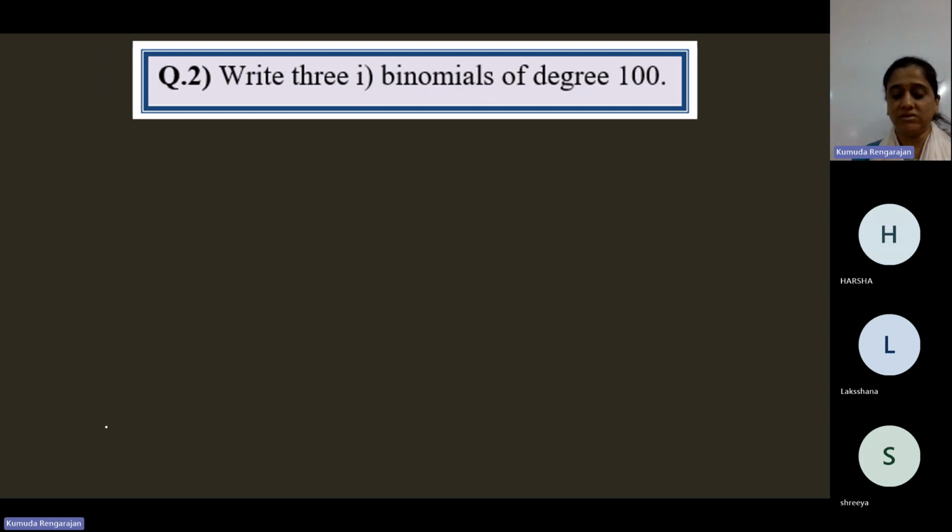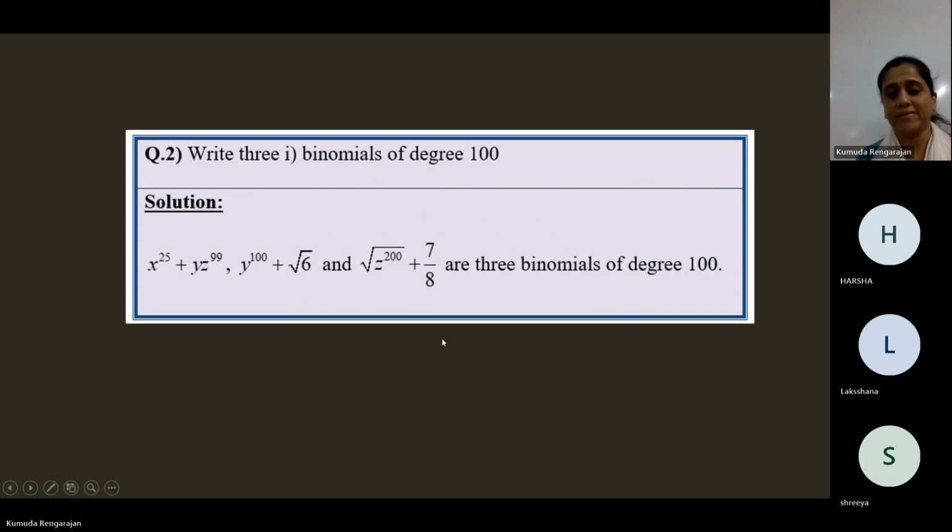So I have some examples here. Please have a look. Analyze the examples, then I'll tell you. And then we'll discuss. See, this chapter, in school, you will be seeing only in one variable x, y, or z.